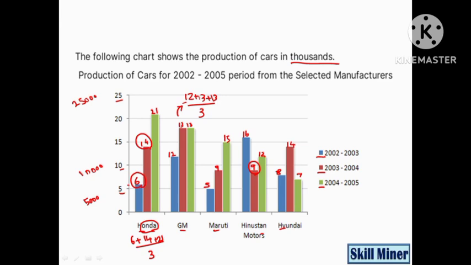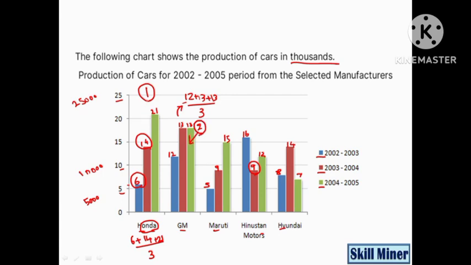Honda's graph is in an increasing pattern. So Honda is one of the answers. See GM's graph. The production in the second year is more than the first year, but the production in the third year is equal to the second year. Since there is no decrease in production, GM also satisfies the condition.